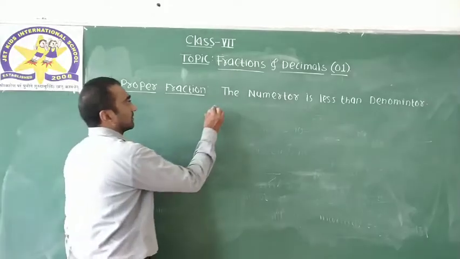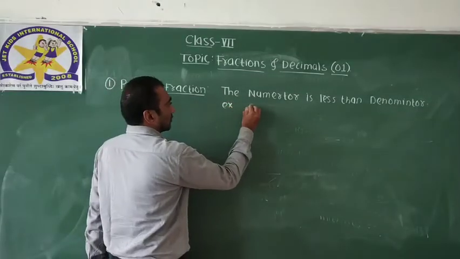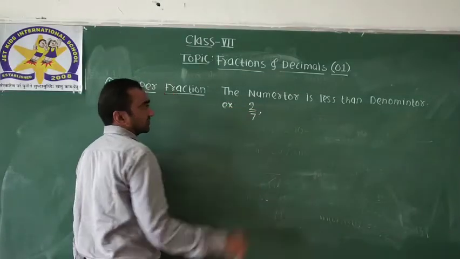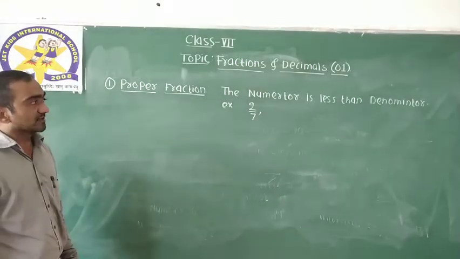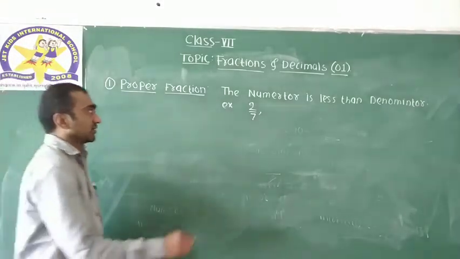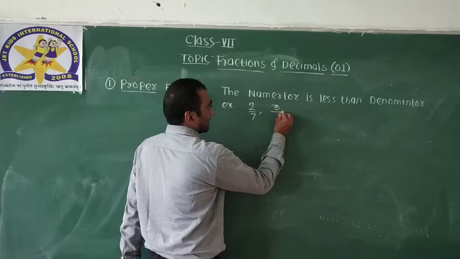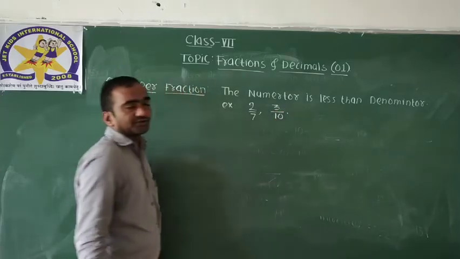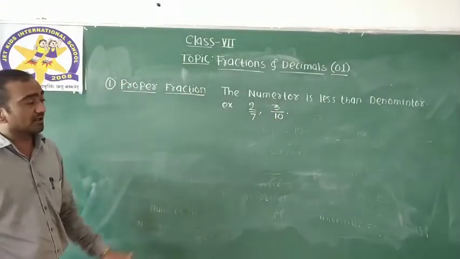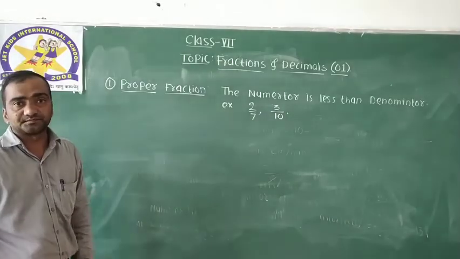For example, 2 by 7 is a proper fraction because the numerator is less than the denominator. 3 by 10 is also a proper fraction because the numerator is less than the denominator.